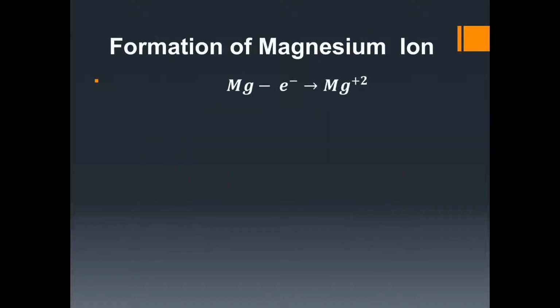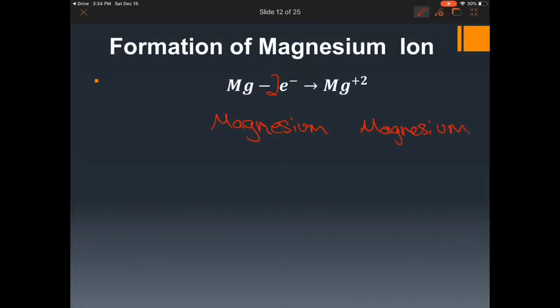All right. What about magnesium? In this case, magnesium is losing 2 electrons to become a +2 ion. So your magnesium, and this is your magnesium ion. Magnesium starts out with 12 electrons.